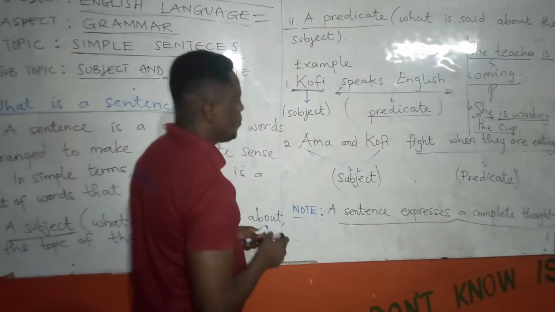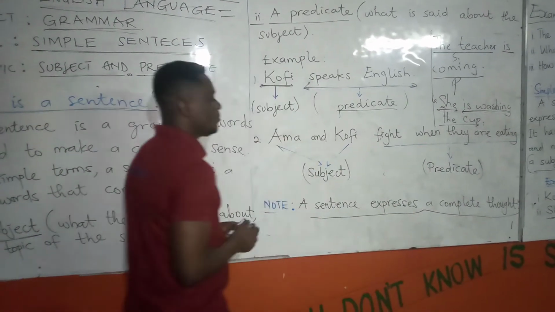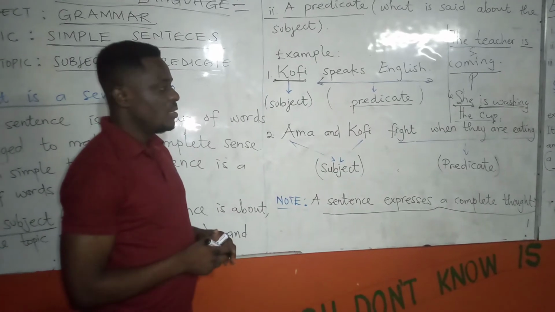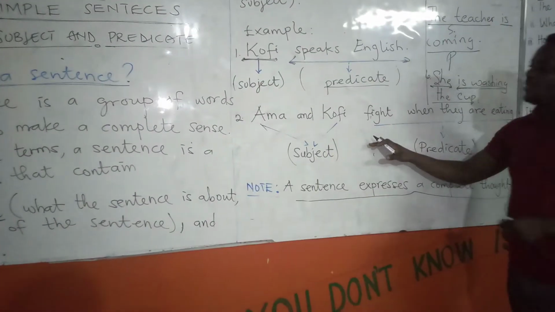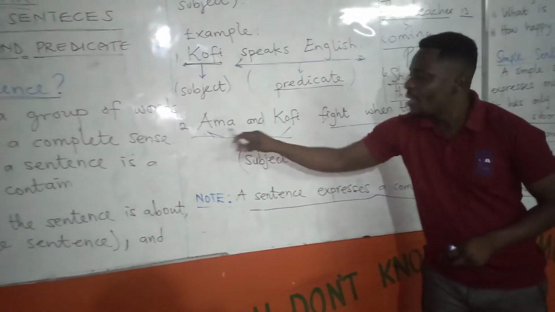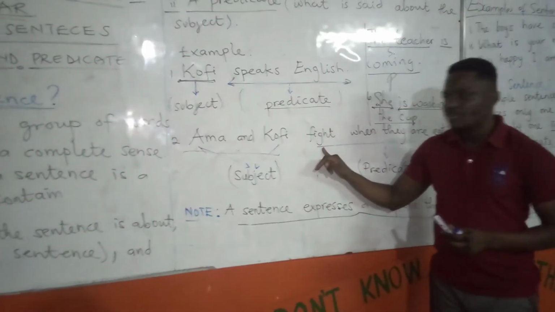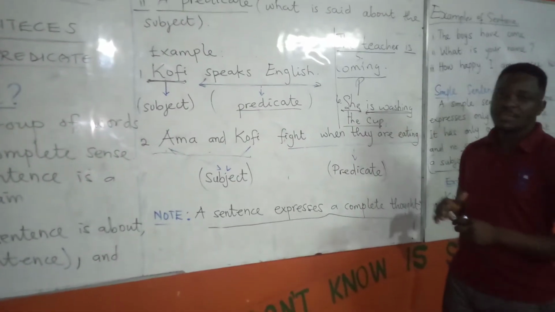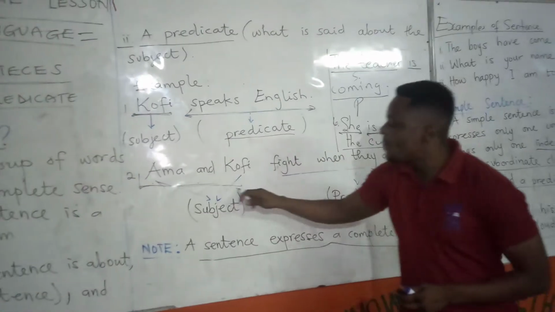Example 2. Amma and Kofi fight when they are eating. So you see, who is performing the action here? With this sentence, two people are performing an action, Amma and Kofi. What are they doing? They fight when they are eating. So those who are performing the action are Amma and Kofi.